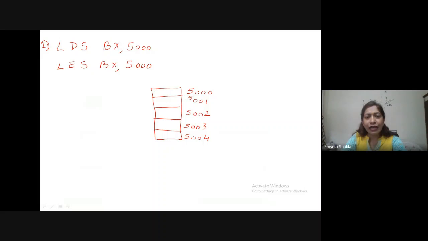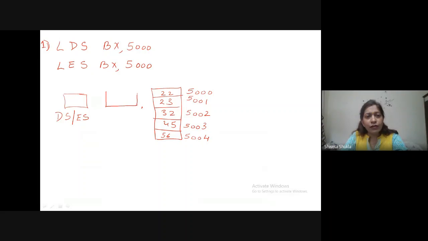Now let us suppose we have given the values here as 22, 23, 32, 4, 5, just like that, and 5, 6. Now we have this register. It can be written as either DS or ES. You can take it as the data segment or the extra segment.